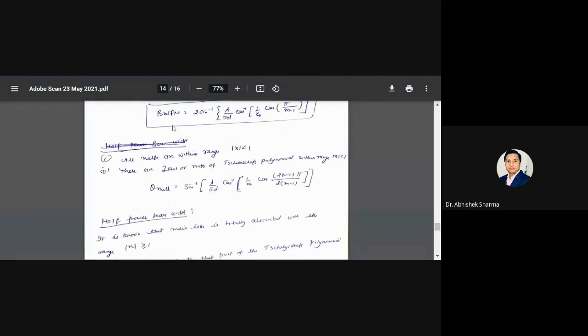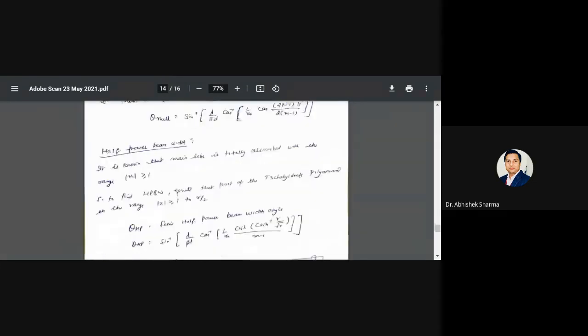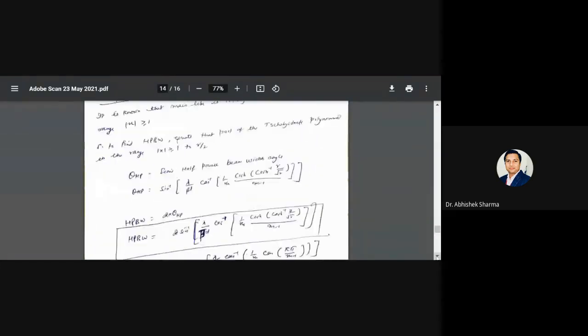So from here we can find out half power beam width. Half power beam width is twice the semi half power beam width angle. So half power beam width angle is equal to sine inverse lambda by beta d cos inverse this factor. So twice of this is half power beam width.